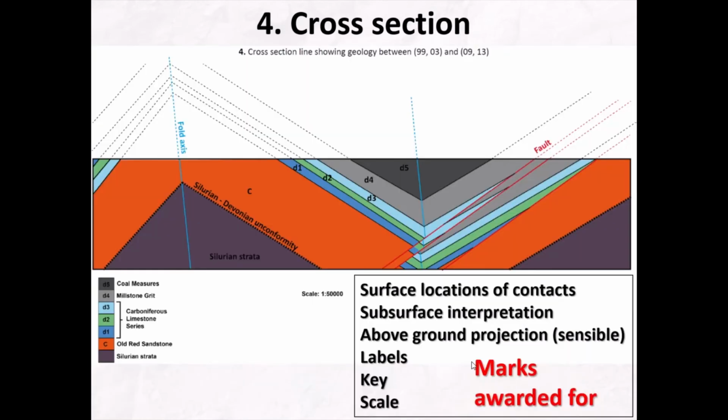So you might come up with some cross section. For Haverfordwest that might look a little bit like this.